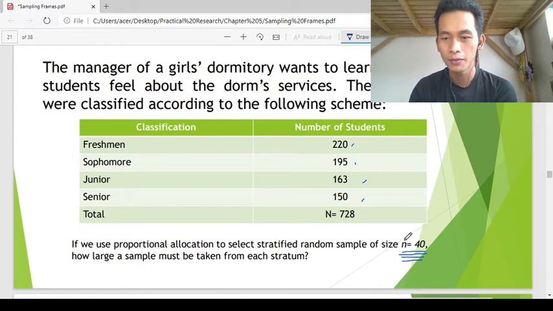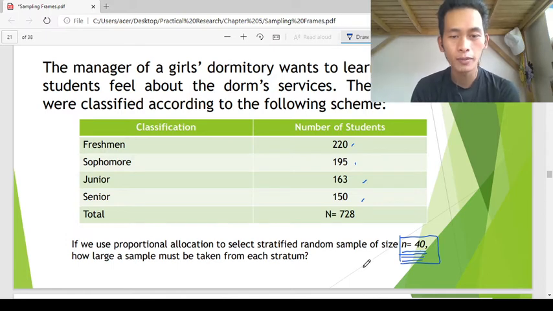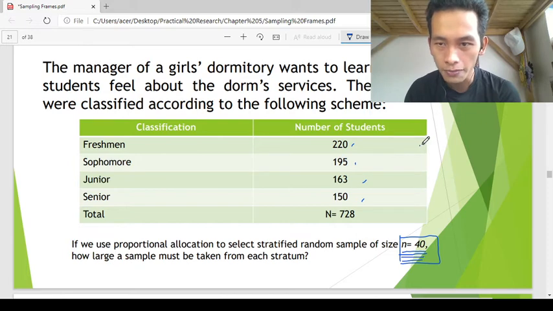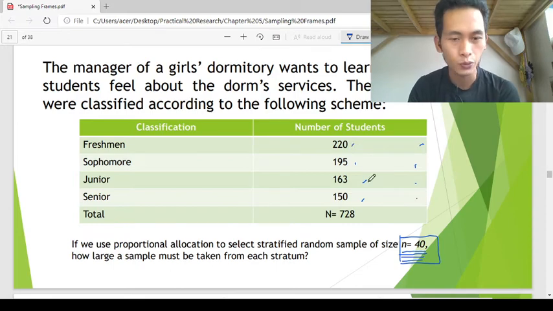The sample size is 40. How large a sample must be taken from each stratum? So each classification refers to each stratum. Now 40 is what you will take in total. So how many will you take from freshman, sophomore, junior, senior. It depends on the number of students, right?